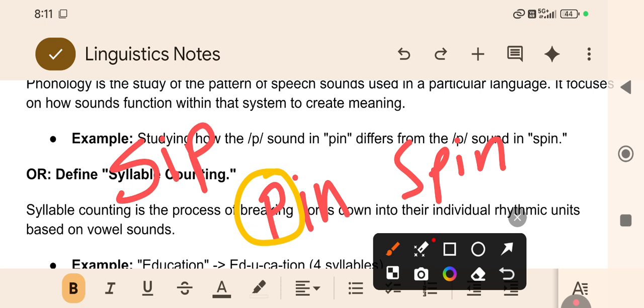Every time a puff of air is created in our front part, oral part. But when you say spin, is pips, right? Sprinkle, right? Then spaghetti.